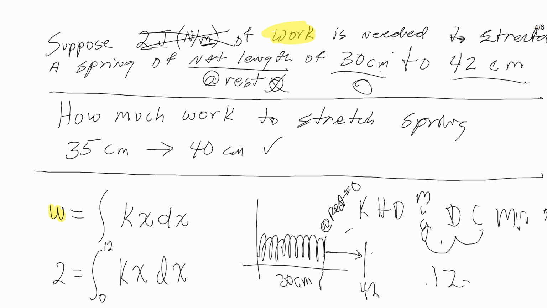So would you do 10 as your interval when you go from 0 to 10? I don't know yet. Well, what's the difference between 30 and 35? Okay, so change that into meters. 5 centimeters would be what?